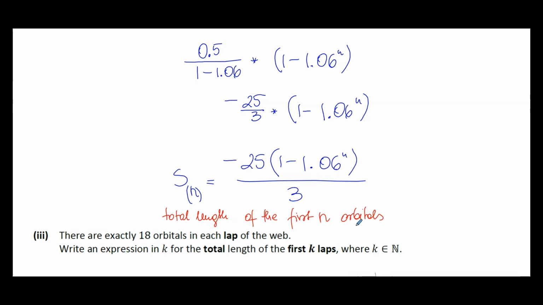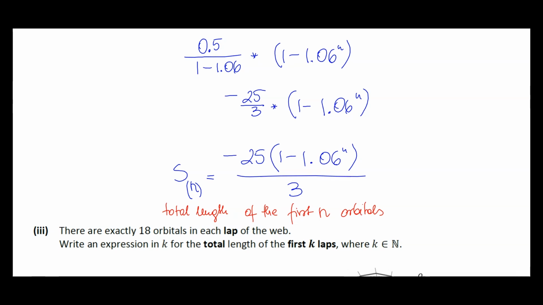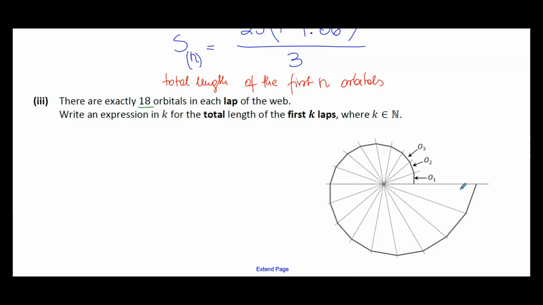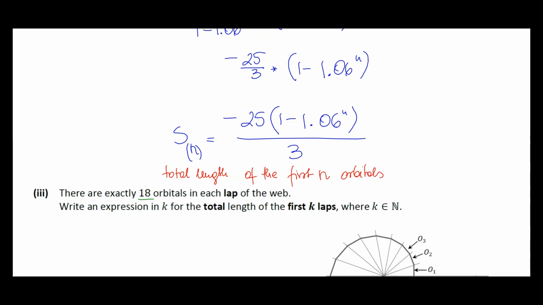Now we are told the new information that there are exactly 18 of them in each lap. And each lap means that's a lap, and if we were to draw that, we're going to go around, something like that. So if I was to say, how many of them are in the first lap? In the first lap, I'm going to have 18, because there are 18 orbitals.